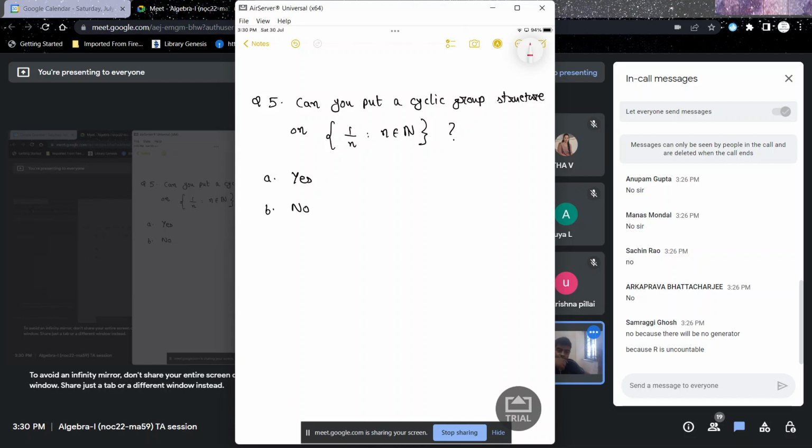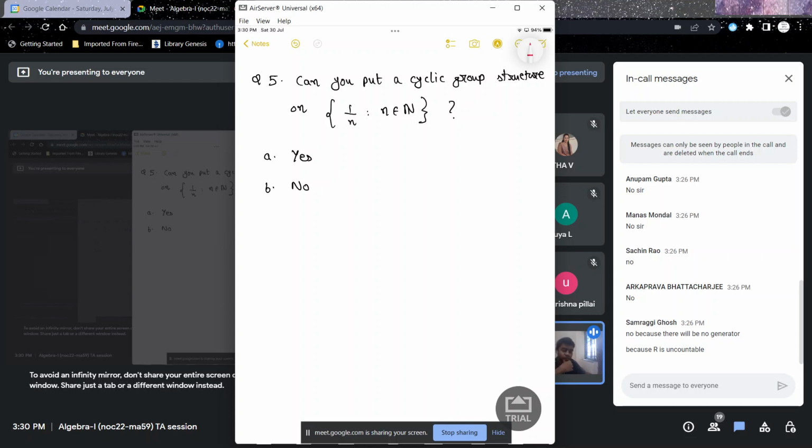Okay. So observe that this particular set 1 over n, where n varies over natural numbers, is a countable set, as I said, right? Can you give me an example of a cyclic group which is countably infinite? Anyone? You know, right?